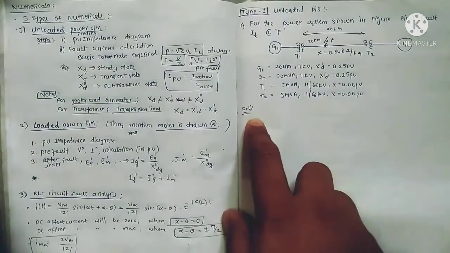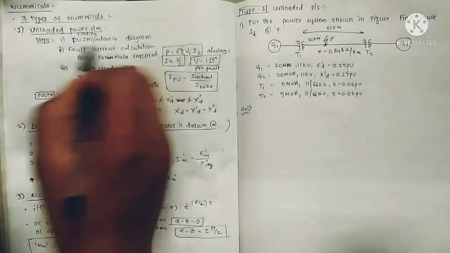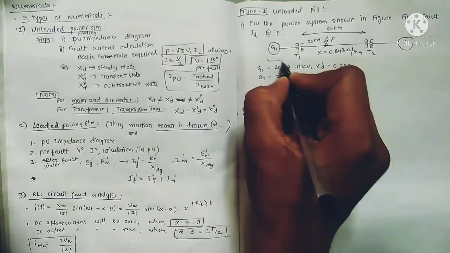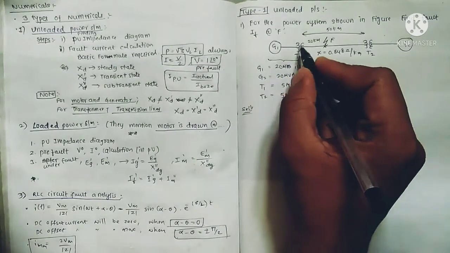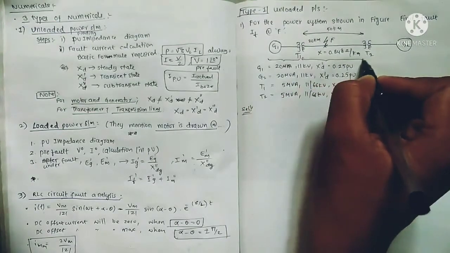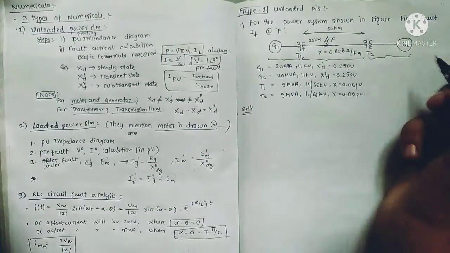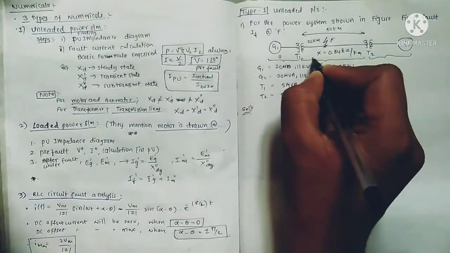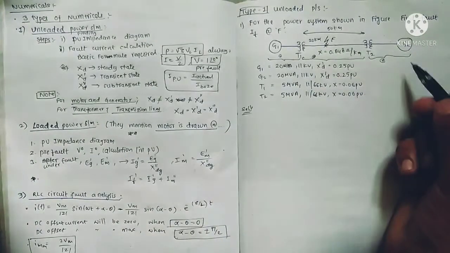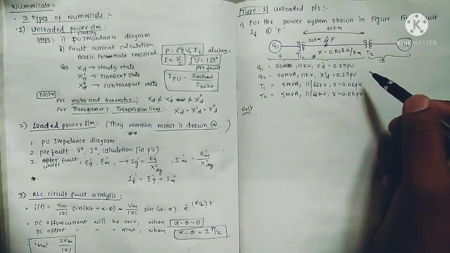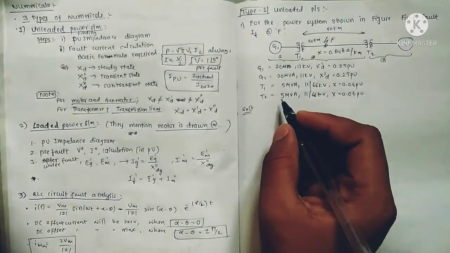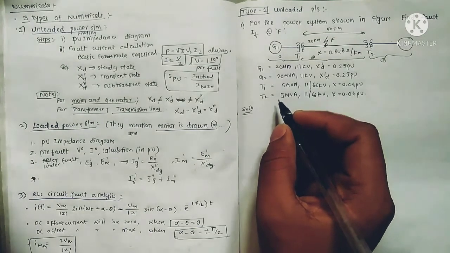Getting into the solution. As our first step, we find the impedance diagram. We first need to section the power system: T1 primary to generator, T1 secondary to primary of T2, and the rest. This is section 1, section 2, section 3. Since they did not give any base values, we need to assume them. I have explained this step in the previous module 1 numericals.